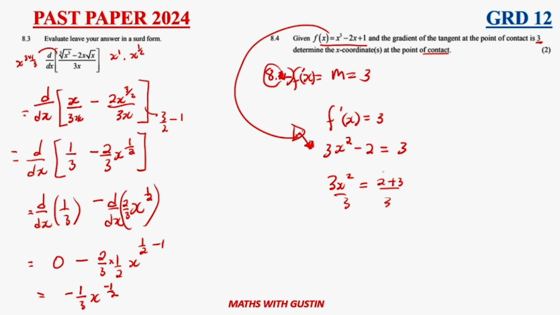Divide everything by 3. You're going to be left with x squared is equal to 5 over 3. Square root both sides. Then x is equal to plus or minus the square root of 5 over 3.